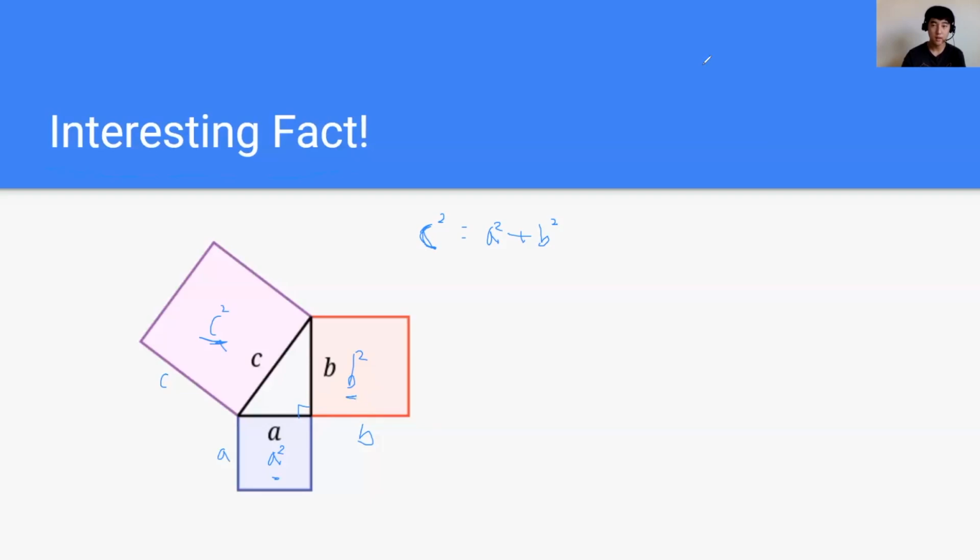So we can find out the areas and make an equation. Purple is C squared, blue is A squared, and orange is B squared. So the interesting fact is the area of the purple square is equal to the blue one plus the orange one.